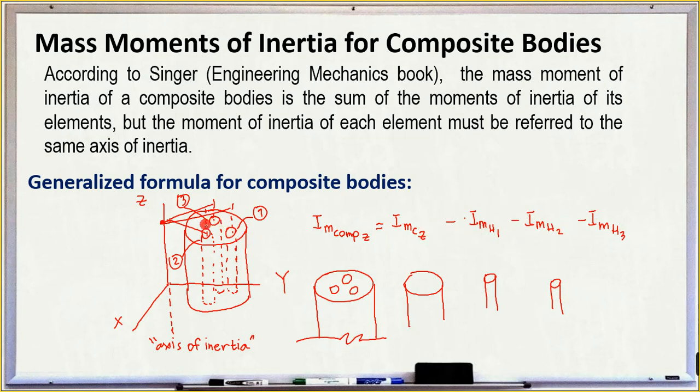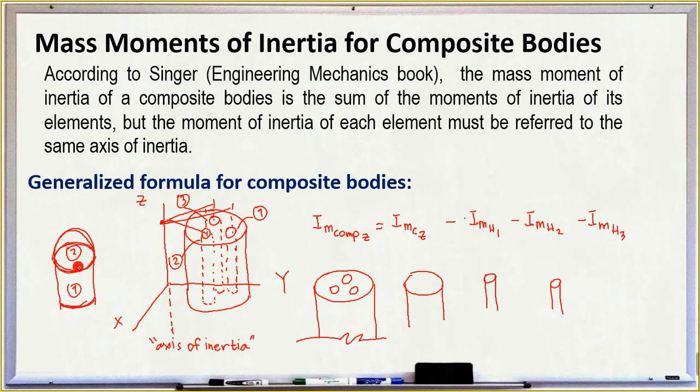It is because, as you can see in our composite body, it has holes. So they are subtracted. But if we add something, for example, a cylinder with a hemispherical body added to it, then what we do is add the mass moment of inertia of the cylinder and the mass moment of inertia of the hemisphere.